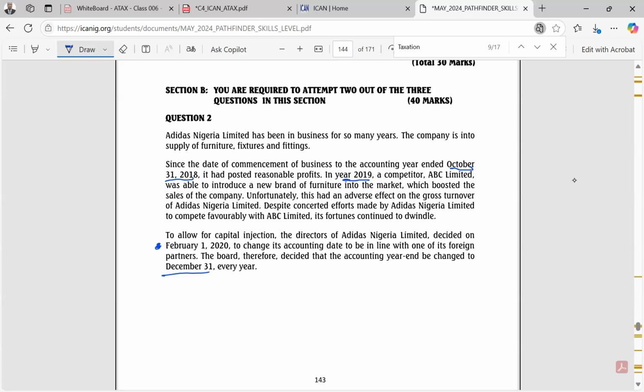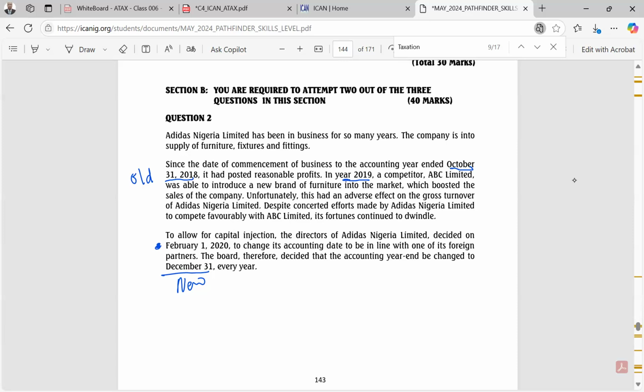So what do we know? This is the old accounting date, and this is the new accounting date. So the old date is October 31st. New date is December 31st. Now they said, when did this happen? They said decided on February 1, 2020 to change.